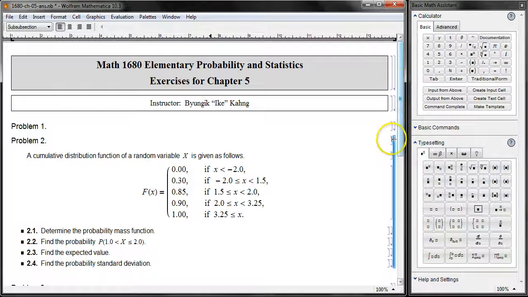Both problems are important types of problems, especially the mass function and cumulative distribution function going back and forth, back and forth. Please expect at least one, maybe more in exams.